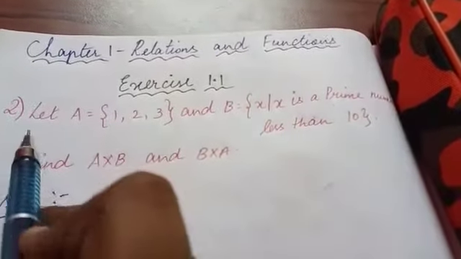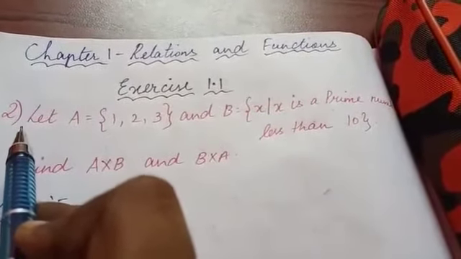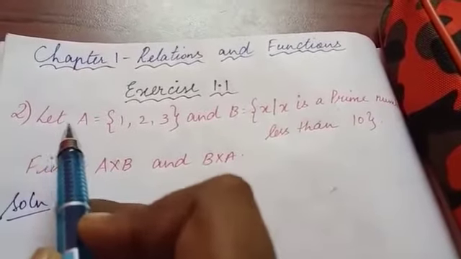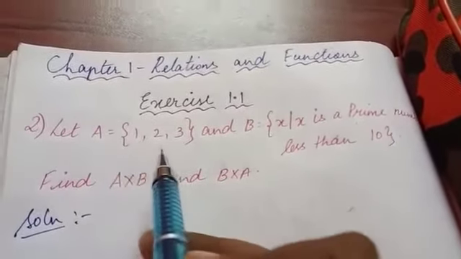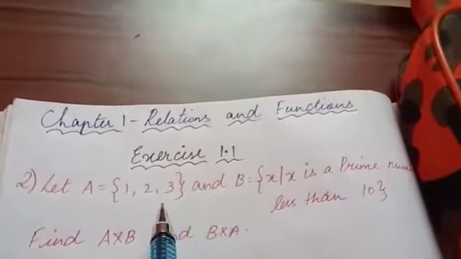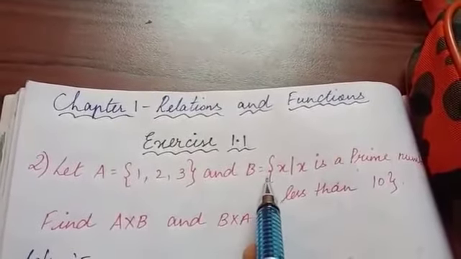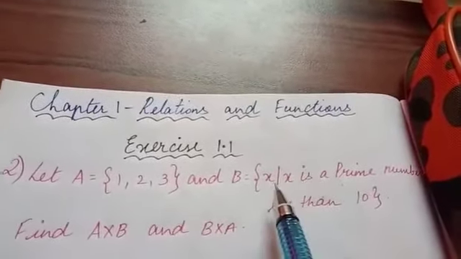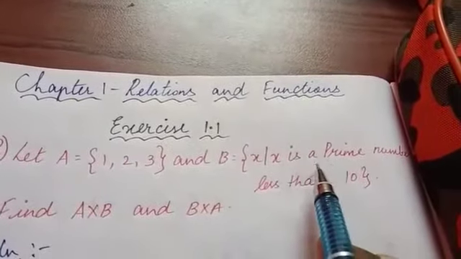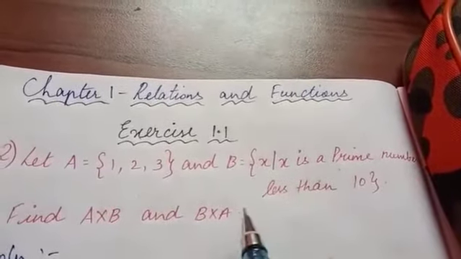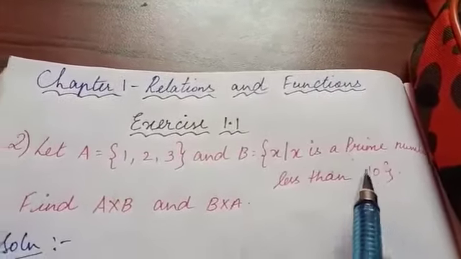The second question of exercise 1.1 is: let A = {1, 2, 3} and B = {x such that x is a prime number less than 10}.